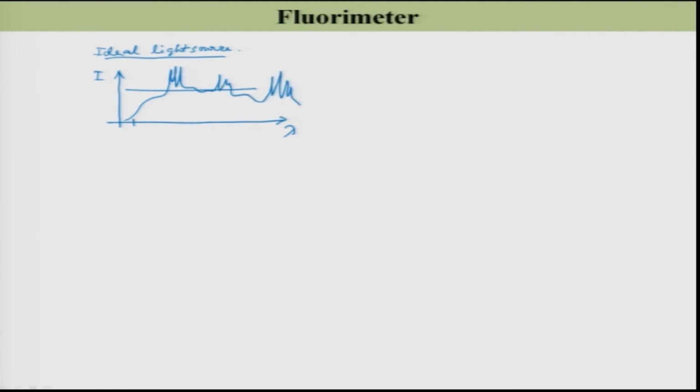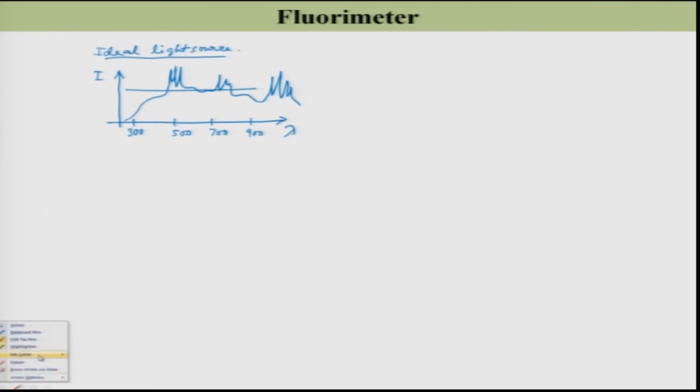Here is your 300 nanometer, this is your 500 nanometer, this obviously 700 nanometer, this is 900 nanometer. This is the typical, oh, both the colors are the same.